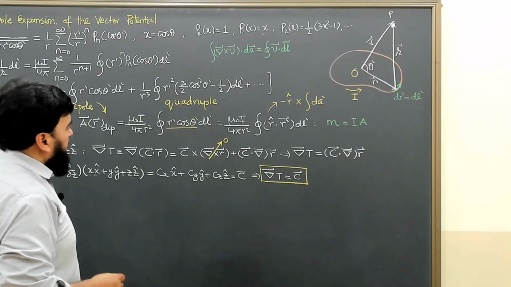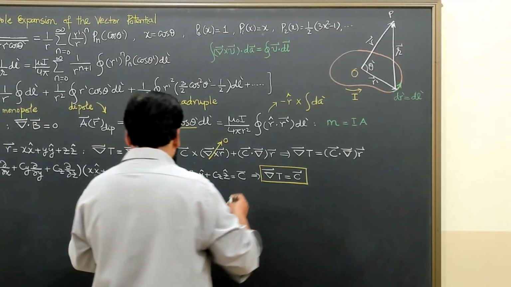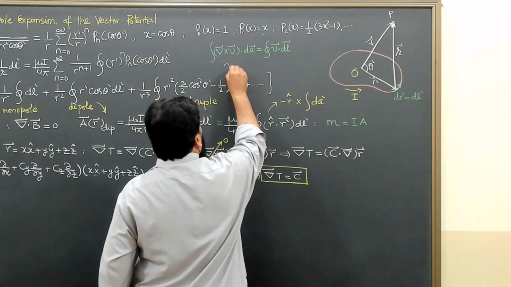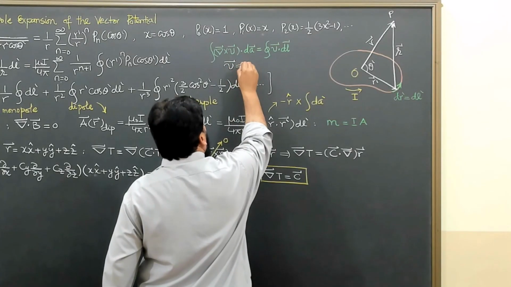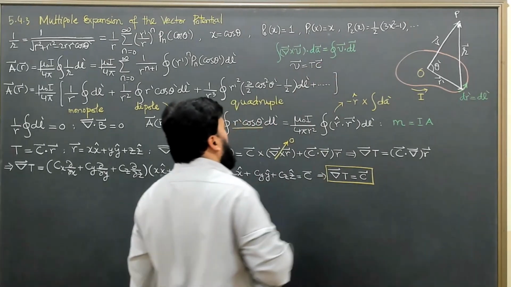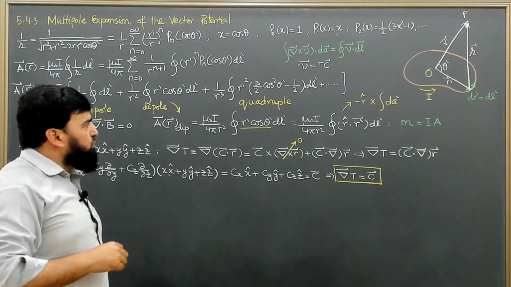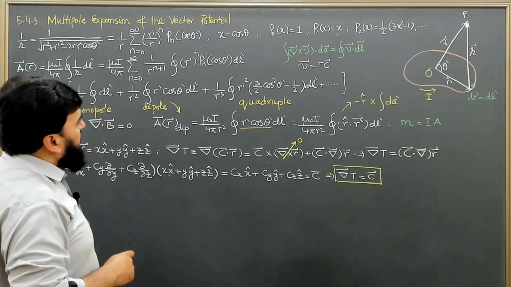So here, suppose this vector v is t times c, where t is a scalar function and c is that constant vector. Then what will it become?